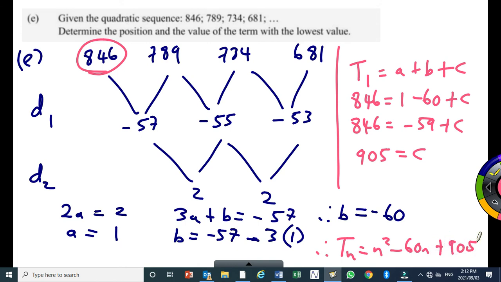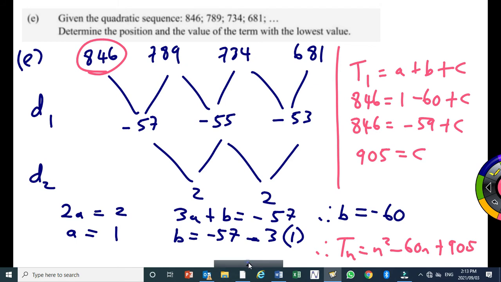Now, the next thing is to carry on and factorize that. Since the coefficient of n squared is 1, we just factorize it.